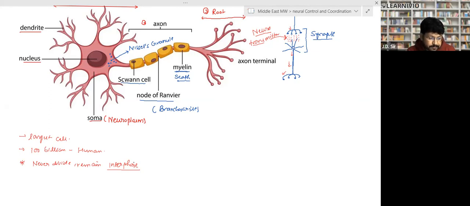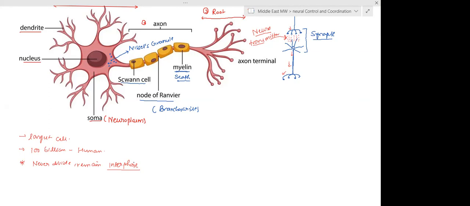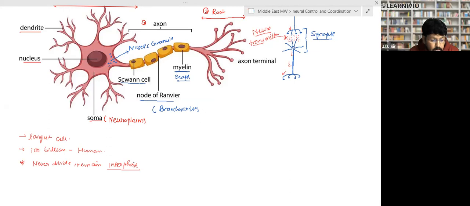Next point. Cell body or soma varies in size. Full stop.